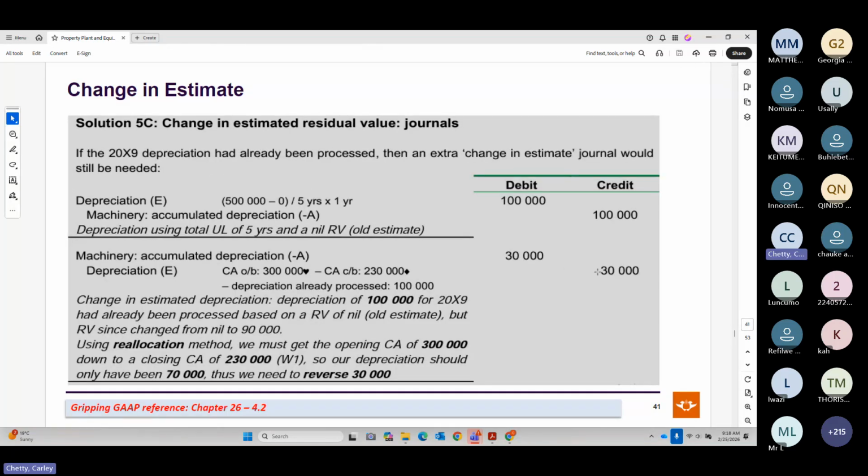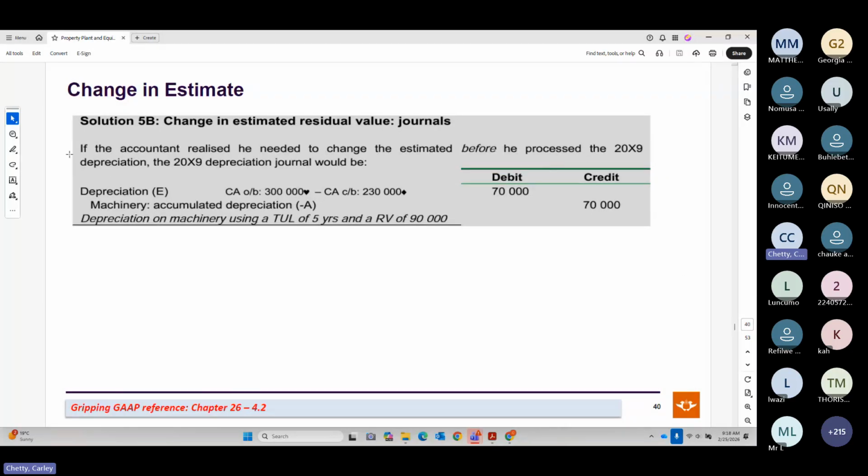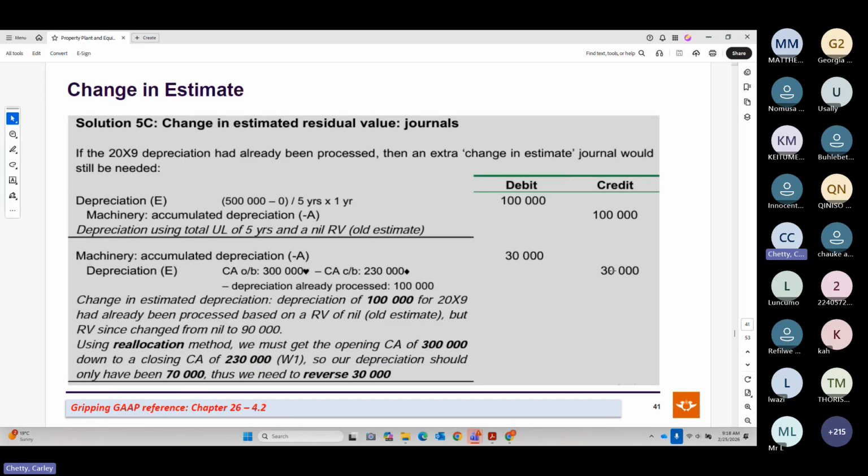So this example shows the difference when the accountant here knows about the change in estimates and records the new depreciation based on the new residual value. And here the accountant did not know that there was a change in estimates.